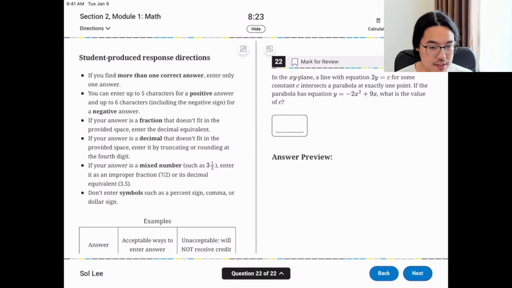I'm actually surprised at how little I have to use my scratch paper. But this is the first module, and the second module should be harder, right? I think. So we'll see what happens. In the xy plane, a line with equation 2y equals c for some constant c intersects a parabola at exactly 1 point.